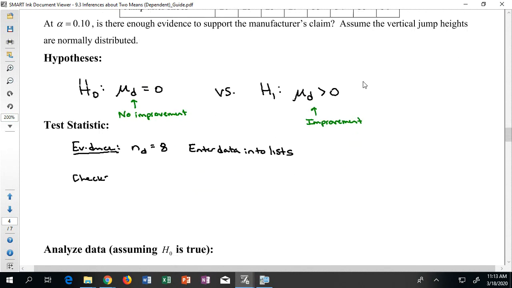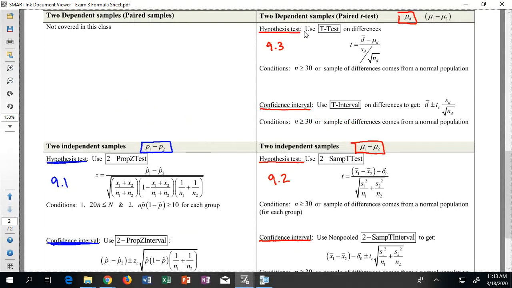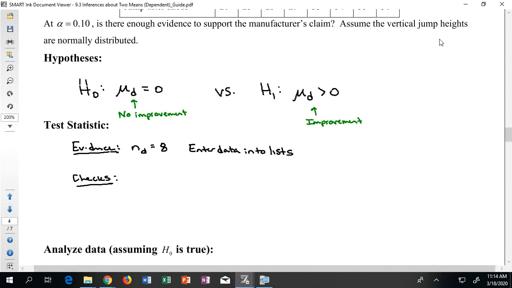For the checks, I can take a look at the formula sheet to see what check I need to run. On the formula sheet for a hypothesis test, I'm told that I need to check that my n is greater than or equal to 30, or that my samples come from normal populations. In this question, though, we said assume vertical jump heights are normally distributed.